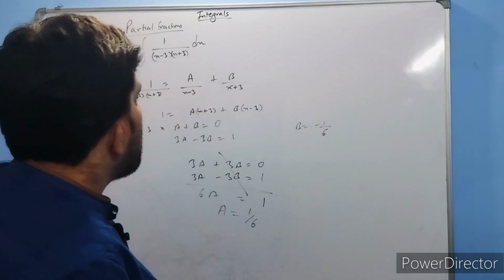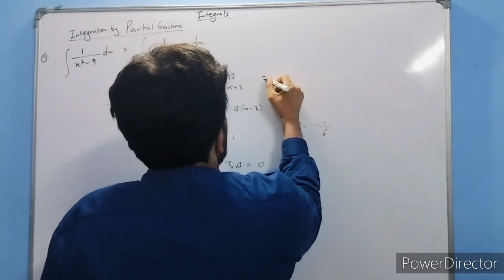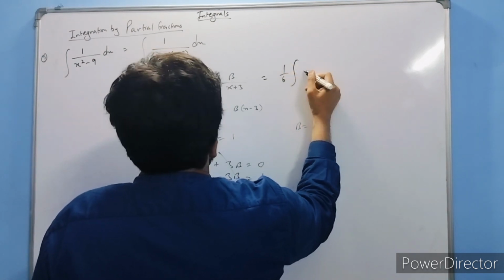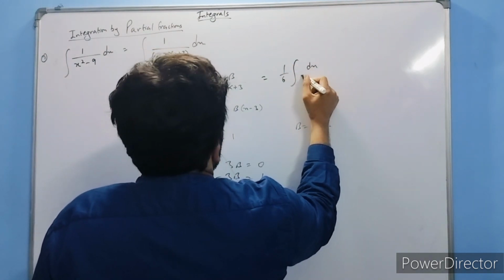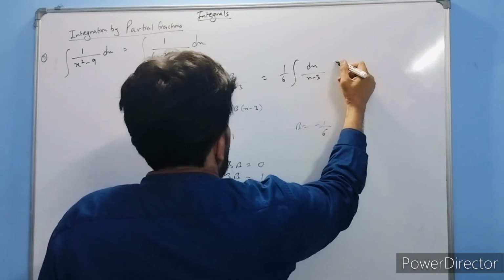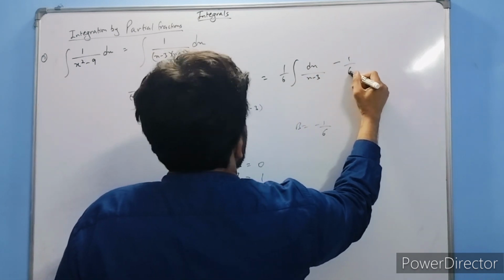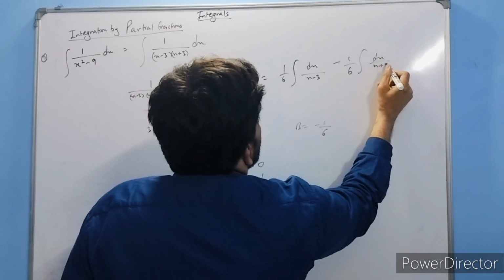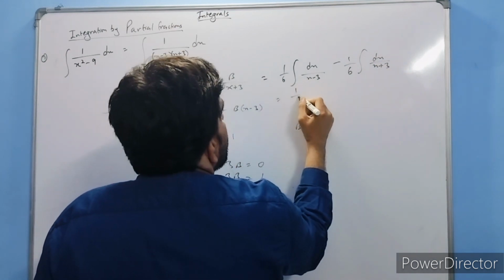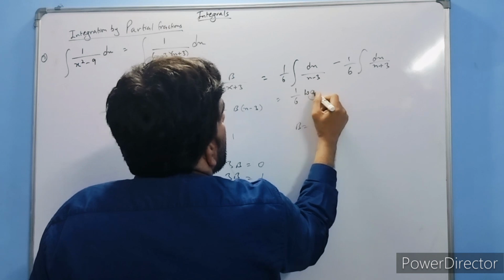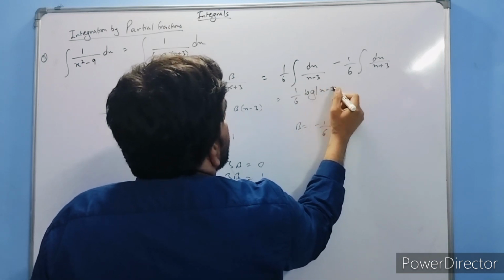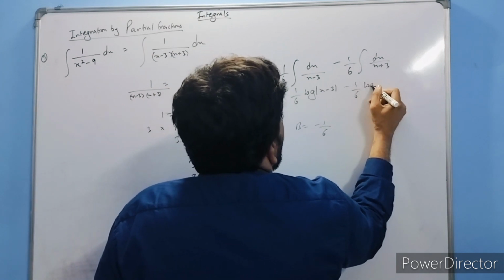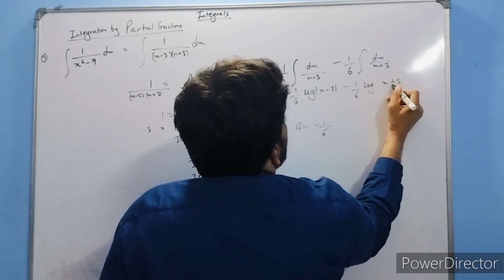Now let us put these in and try to integrate. What I will get is 1 upon 6 times 1 upon x minus 3, and minus 1 upon 6 times 1 upon x plus 3. So 1 upon 6 log of x minus 3, and when we integrate the other term, minus 1 upon 6 log of x plus 3.